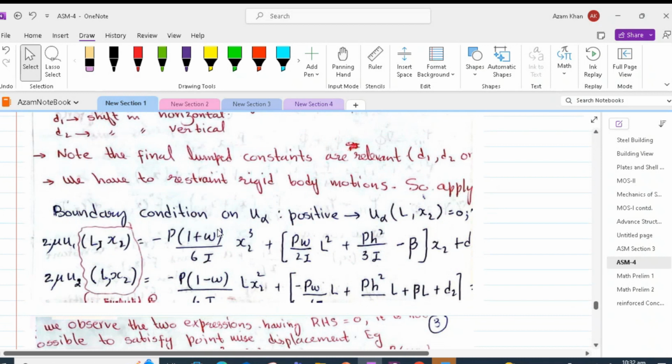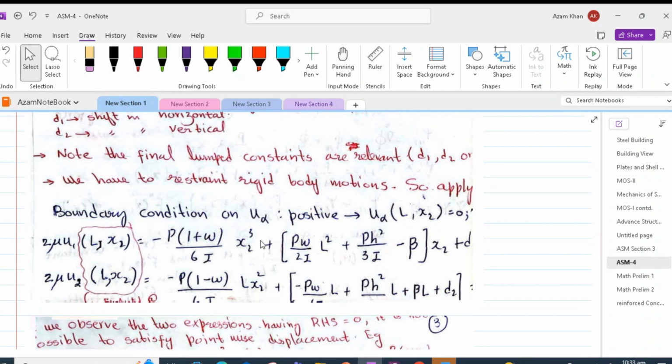If we plug the value of u alpha for L and x2, we find that we get terms which are not 0. So even if we make our beta and d's equal to 0, overall we will get some displacements. So that is one issue which has to be resolved.